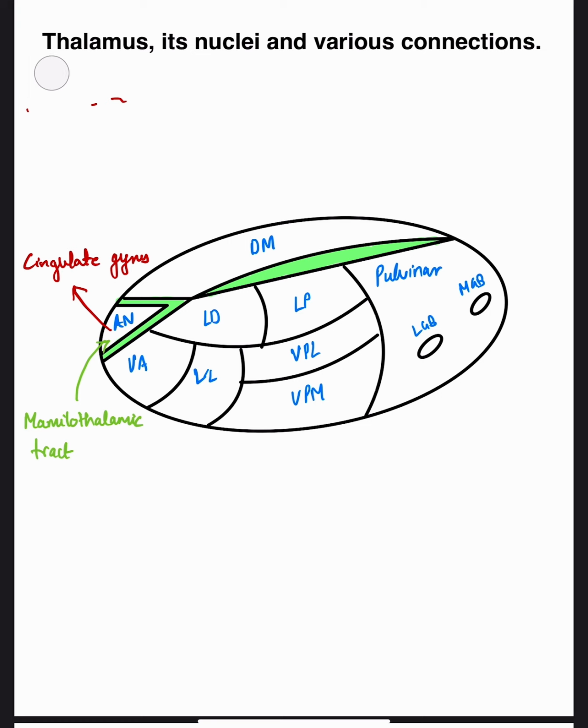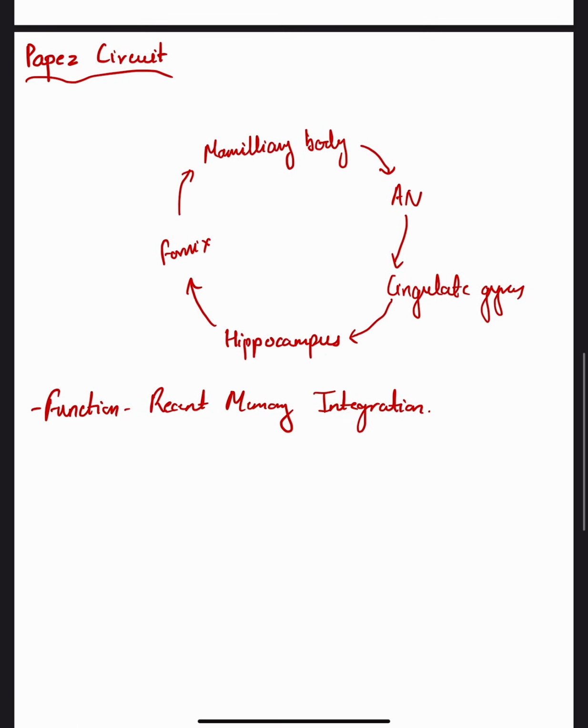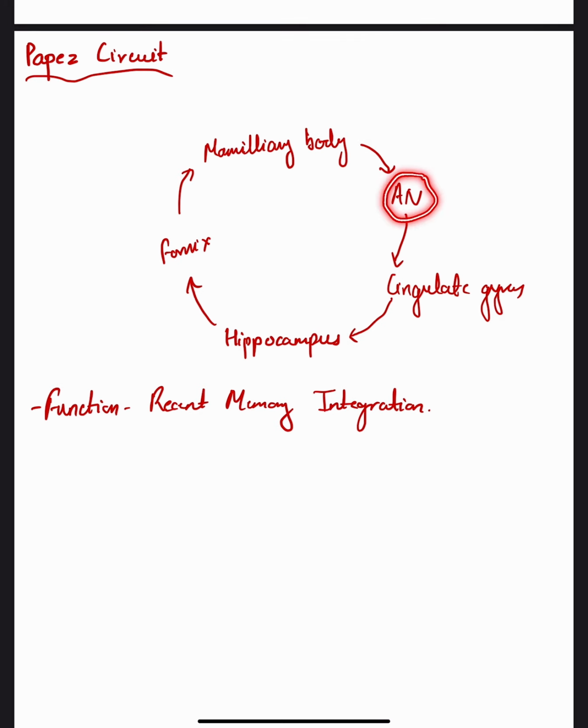We are going to further study the Papez circuit. This is known as the Papez circuit. The information from the hippocampus reaches the anterior nucleus, which we just established as part of the circuit.